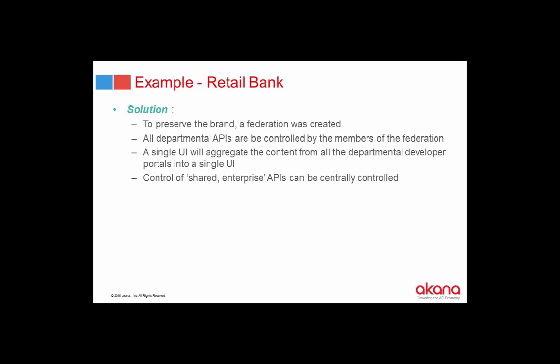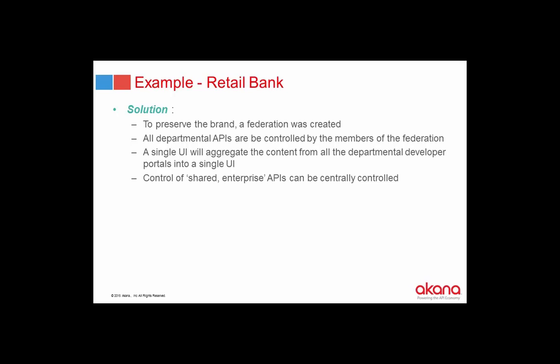So they would have these 4 departments. Each of these 4 departments would actually run their own infrastructure and their own portals. So at the departmental level, they're managing their own APIs and their own API lifecycle. But when those APIs are then aggregated up into externally facing APIs, at that point, they come into the purview of the single branded experience that this company wants to show to the outside world.